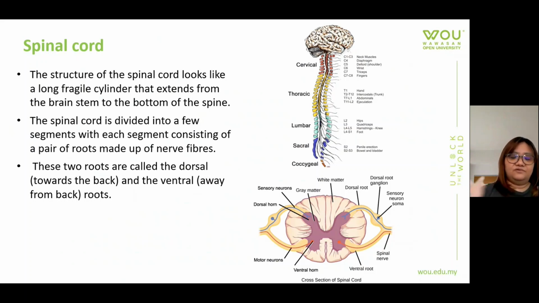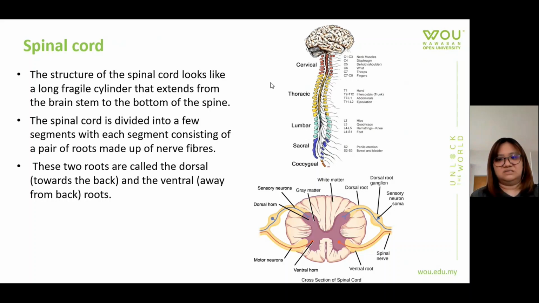So it's divided into a few segments like what I said just now, and they have two roots. One is the dorsal root, another one is the ventral. Dorsal is towards the back, and ventral is away from the back. So the dorsal comes in, the ventral goes out.